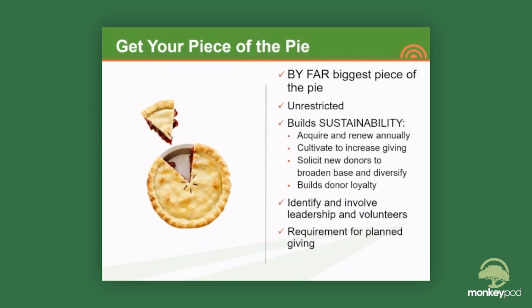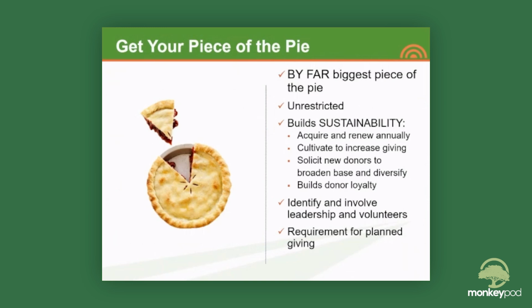67% are from individuals. If we add bequests, which is 8%, that takes individuals to 75% of all charitable gifts in this country. And I will note that the Giving USA data does not include gifts from IRAs or donor advised funds. So the amount of gifts from individuals is much higher than the 75%.